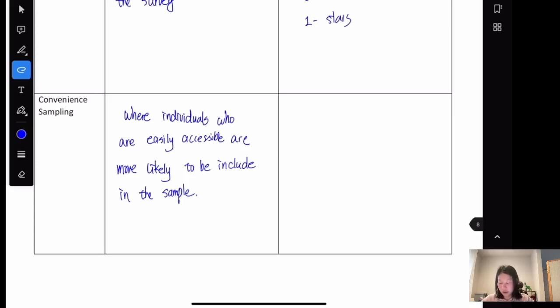So in this case, for example, if a political survey is done by stopping people who are standing at SPSCC, they will not represent all of Washington state, because this is taken by convenience.